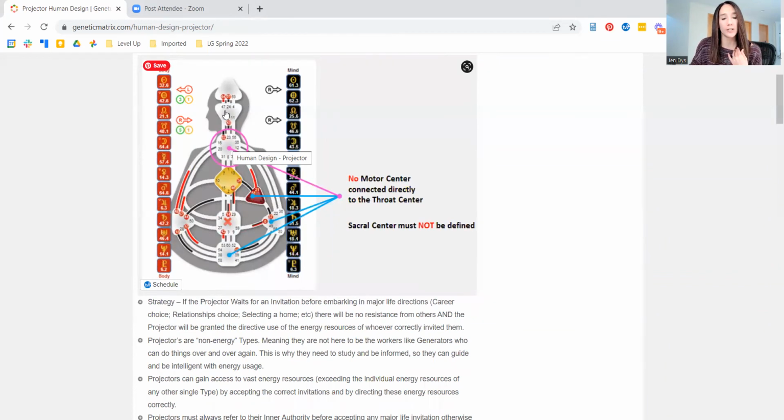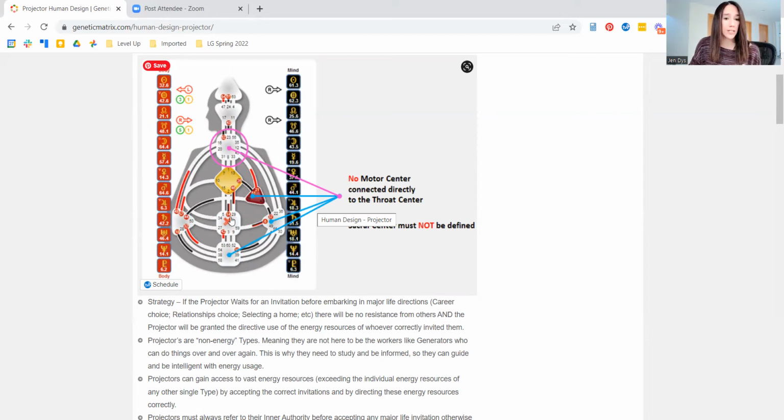This is your third eye ajna center. You can have a channel directly connecting these two centers, and that will define your ajna and your throat center, but you will still be considered a projector because there is no link to one of the motor centers, because that would make you a manifester. So projectors can have multiple other areas of definition throughout your chart.